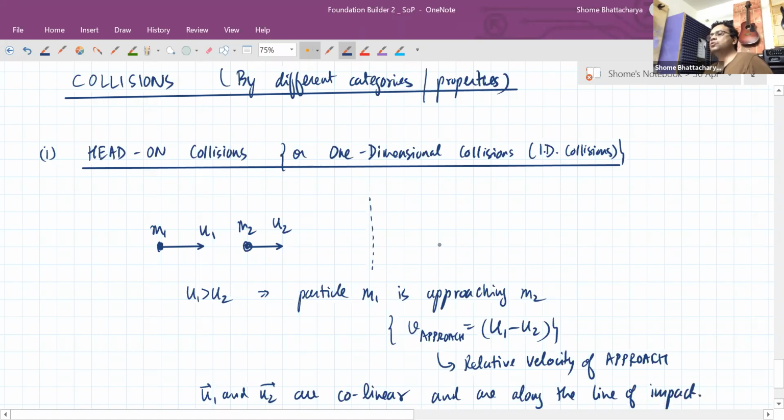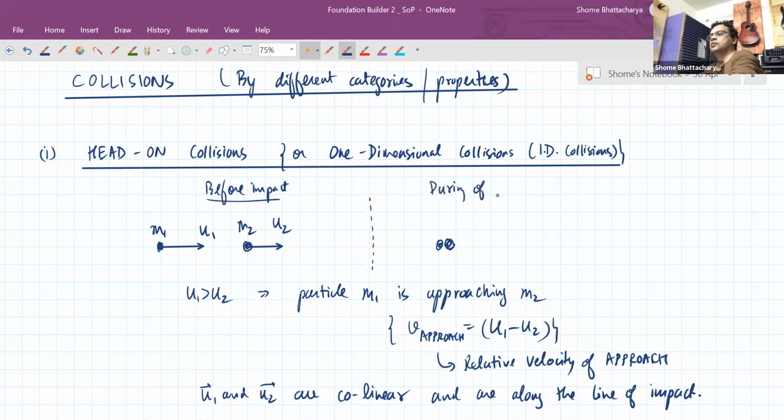It is the line along which the mutual collision force or the collision impulse will act. So when they come in contact, this is before contact or before impact. Or when they come in impact, during the process of impact, this is what is happening.